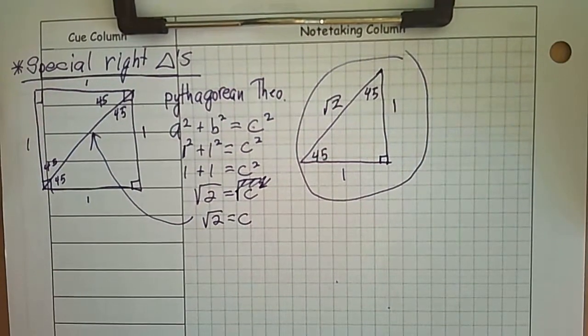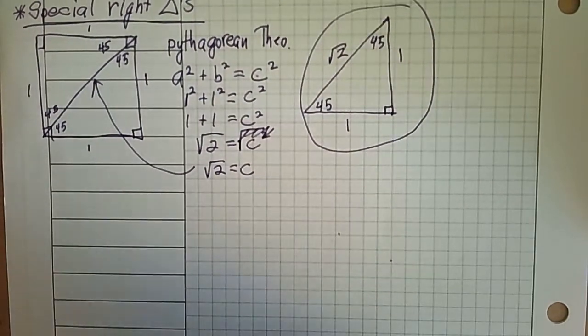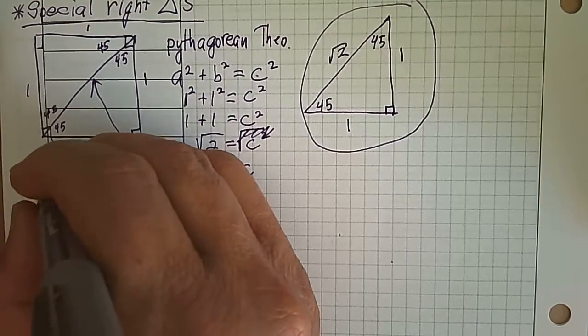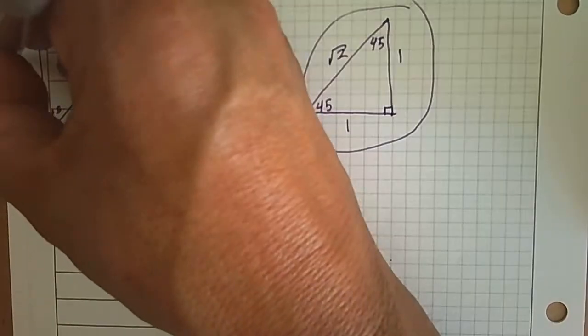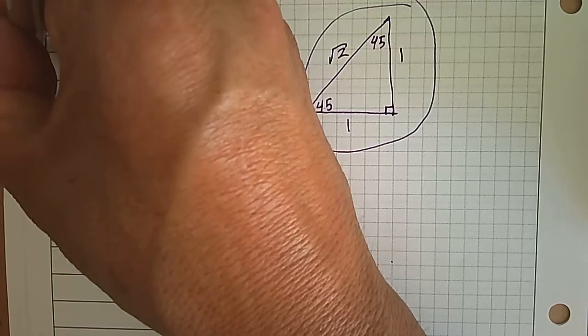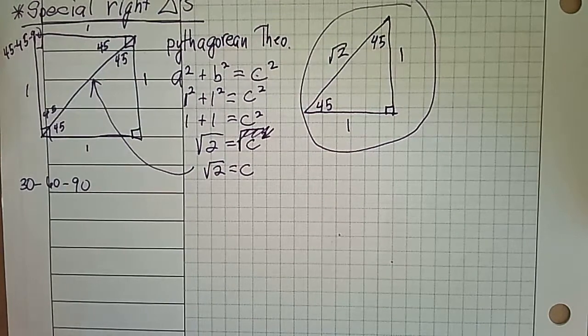Now, the other special triangle is the 30, 60, 90. And this was a 45, 45, 90. Okay, 30, 60, 90.